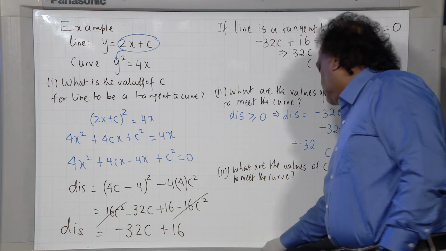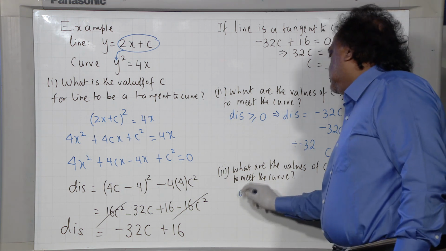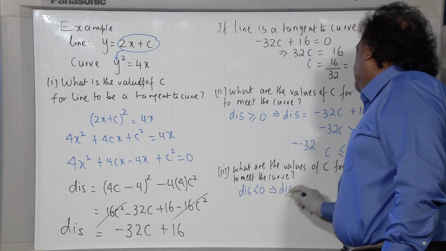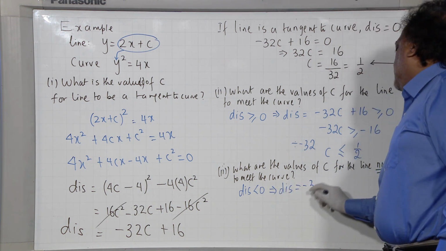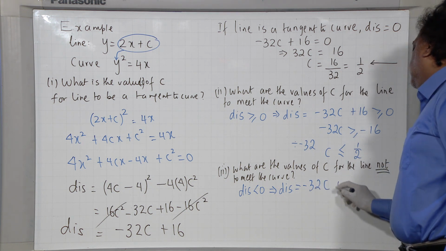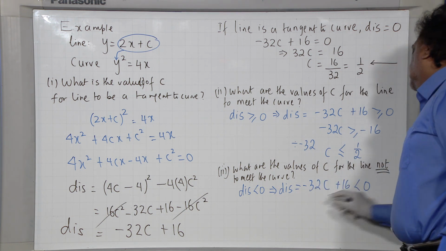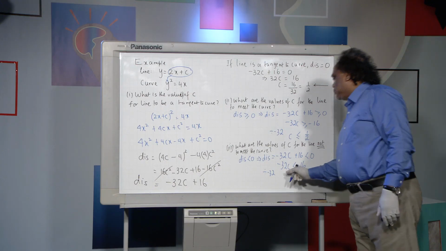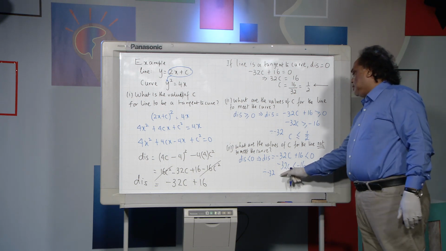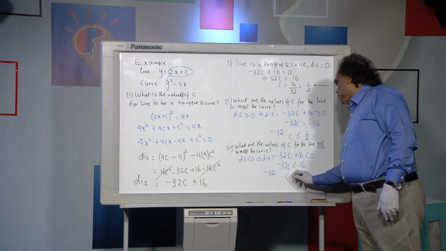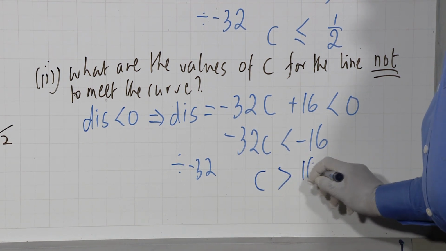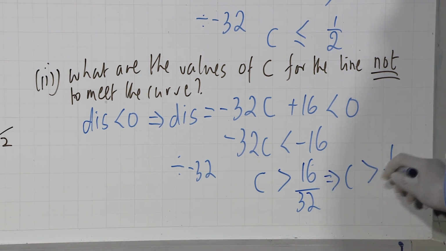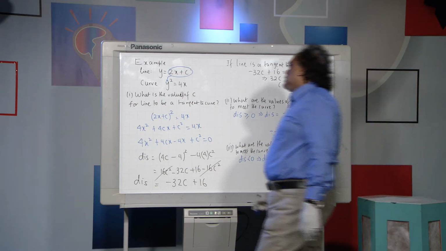So, what is the rule? The rule says the discriminant has to be negative. So what is the discriminant here? Minus 32c plus 16 less than 0. Dividing by minus 32, c would become greater than 16 over 32, which is half.